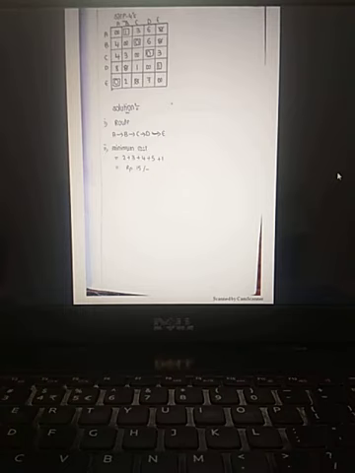Stage 1, initial basic feasible solution methods like northwest corner rule, row minimum method, column minimum method, least cost entry method, Vogel's method. So 5 methods we discussed. And after that stage 2, optimality solution methods. 2 methods. One is MODI method or UV method, modified distribution method, and one more method is stepping stone method.